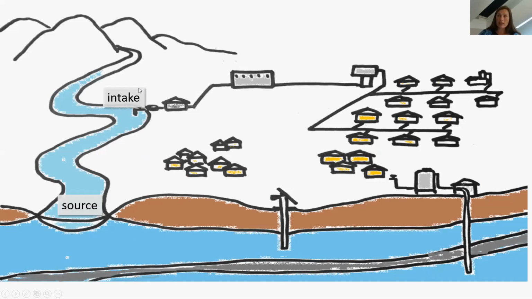This is the intake system, we call it. The water is abstracted, for example, by a pumping station. Then it's delivered to a treatment plant where it's treated for pollutants, for example turbidity from particles in water, organic matter, and bacterial contamination. It's then distributed through a distribution system and finally delivered to households through a private tap.